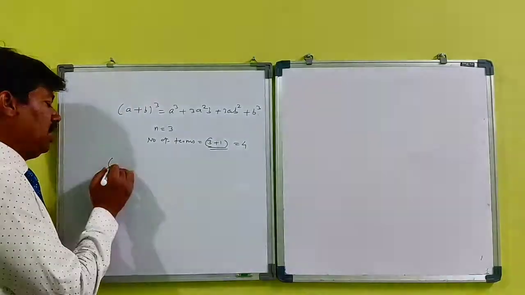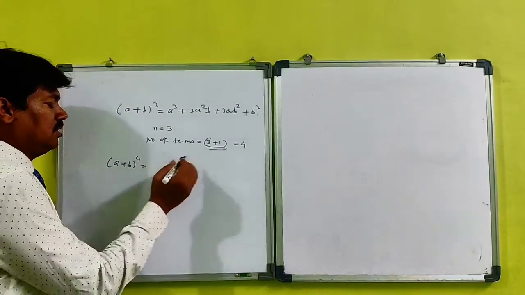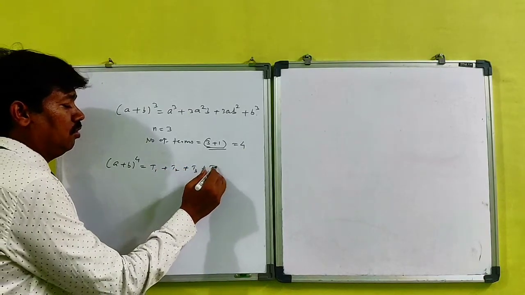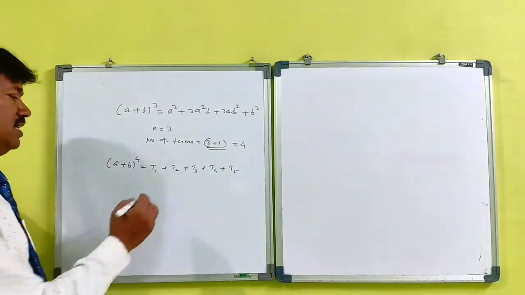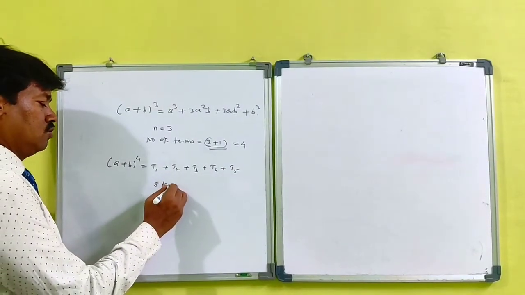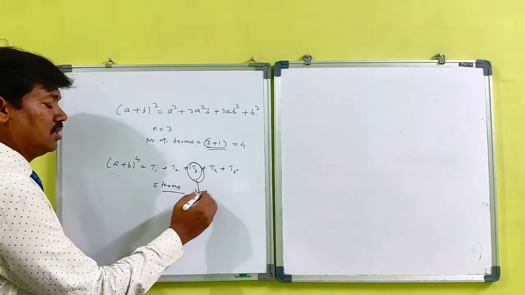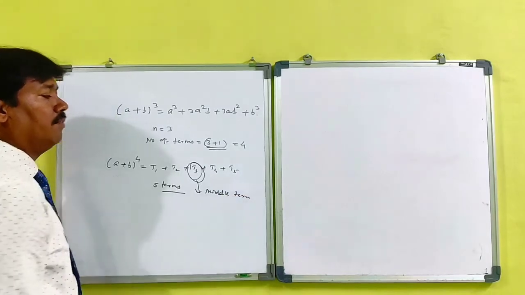Similarly, if you take (a + b)^4, what happens? Whatever the terms are, t1, t2, t3, t4, and t5, there will be 5 terms. So with 5 terms, what is the middle term? T3 is the middle term.